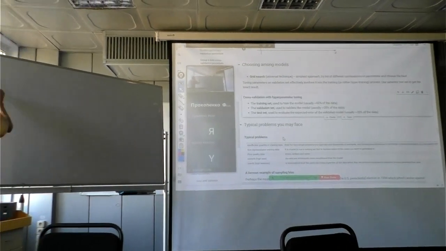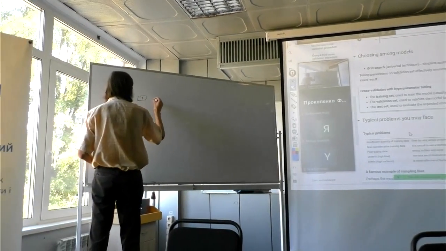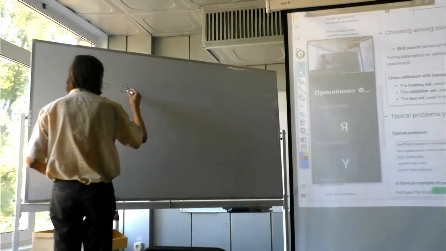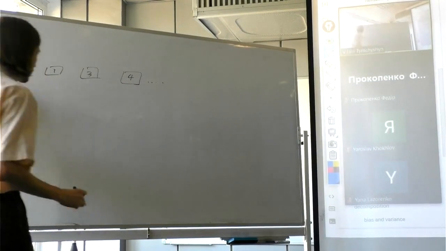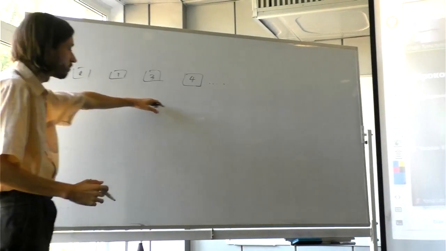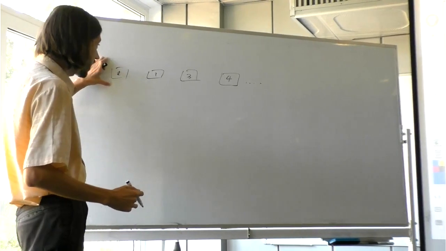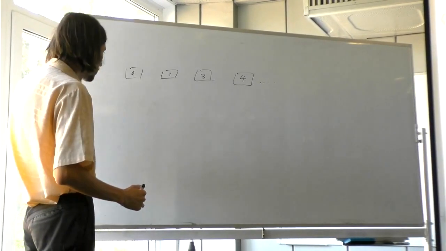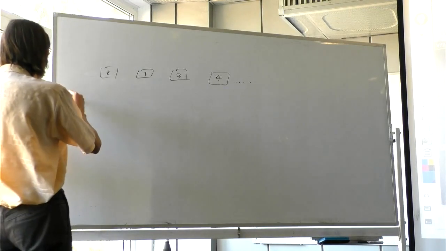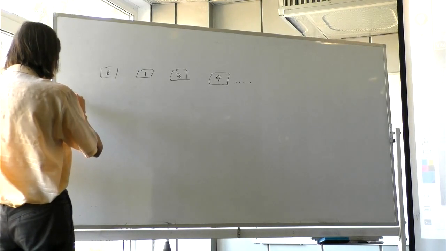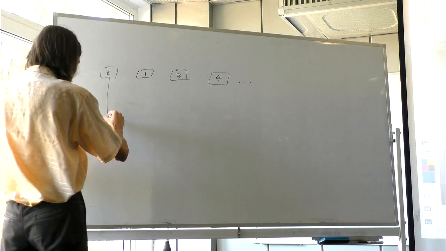So model 1, model 2, model 3, and so on. So here is what I'm basically checking. I have all these models. Now I have my training set. So I use my training set to train each of these models.